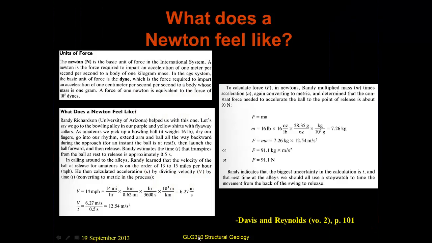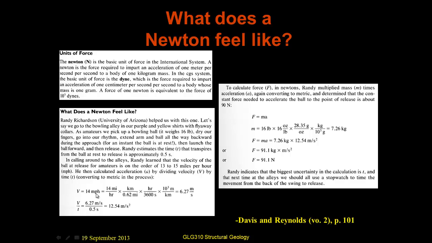So this is a bit of text from our textbook, but basically let's try to calculate this out and say, how many newtons does it take to launch a bowling ball? We need to figure out the different parts. We know it's F equals ma, so let's think of the velocity change first.